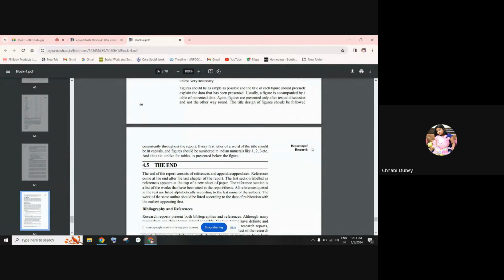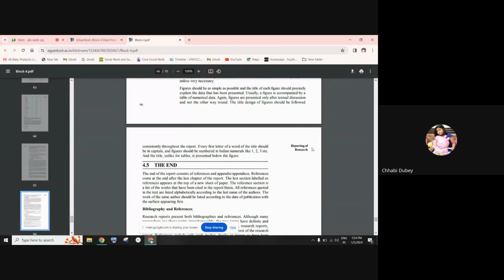And as I have already said, nowadays researchers have started using references after the end of every chapter. That can also be done, specifically when you are writing a thesis or a dissertation.